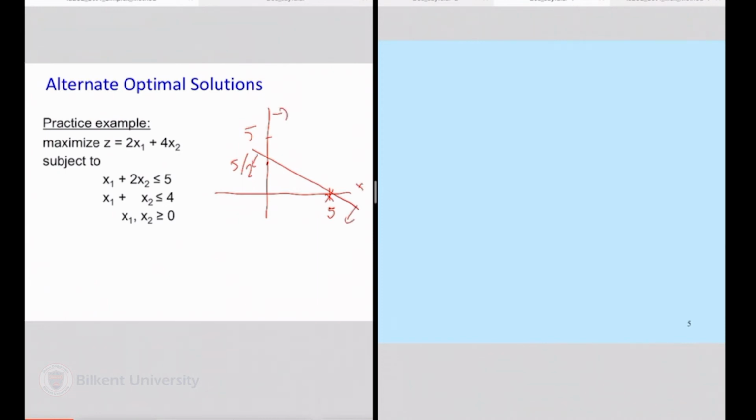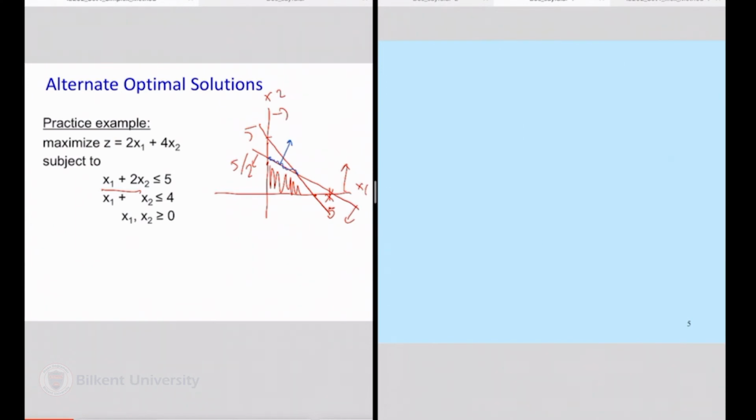That's my x1. This is my x2. It's not really a big deal to draw this. And then I draw the second one, like this. That's my feasible region. And if you look at your objective function, it's actually parallel to your first constraint, right? And the improving direction is going to be this normal. So you'll have that set of alternate optimum solutions. Okay, so in the graphical solution, you know this.